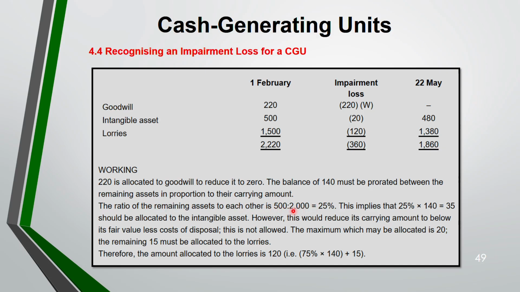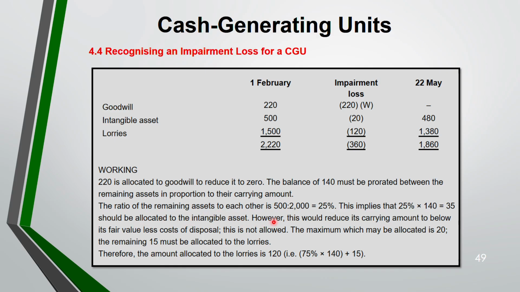What is the total? Not this total, because you don't have goodwill. You only have intangible and lorry. The total is 2000 and the intangible asset is 500 out of 2000. That means 25%. So you apply 25% of 140, that is 35. So 35 should be allocated to the intangible asset.